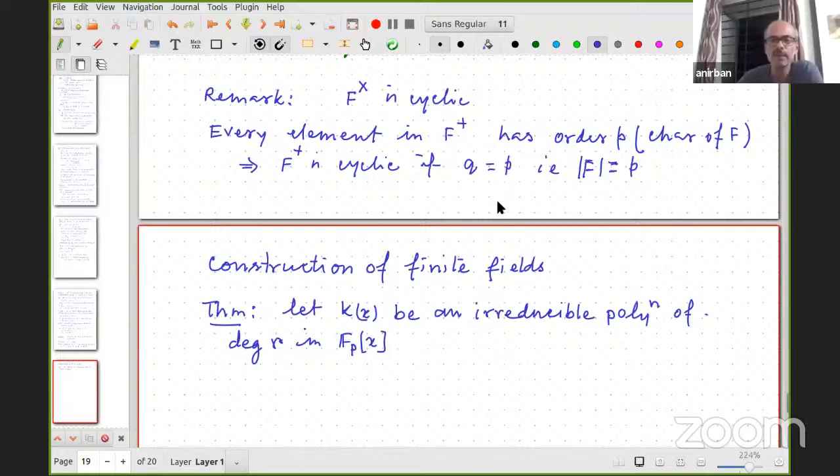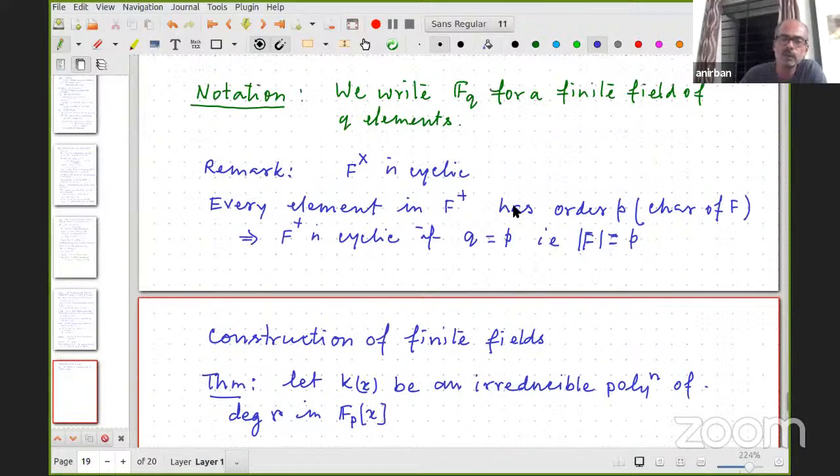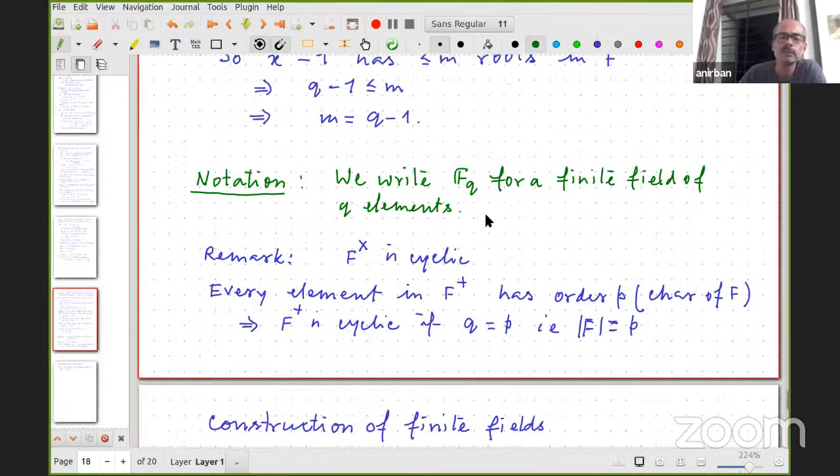F_q is a finite field of q elements, and therefore we would use F_p to denote Z_p. These two are just the same thing. So Z_p, integers modulo p, p a prime, is a field of p elements, and we write it as F_p as well.